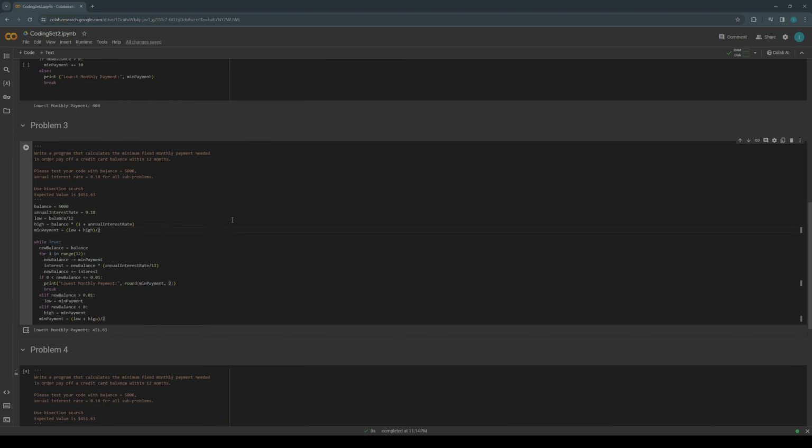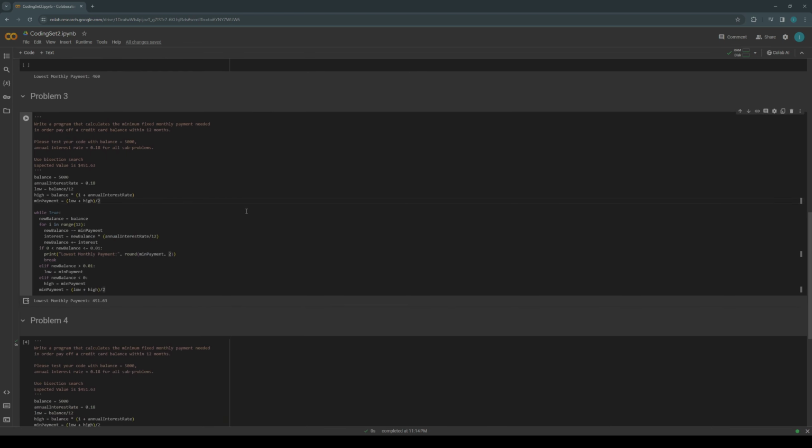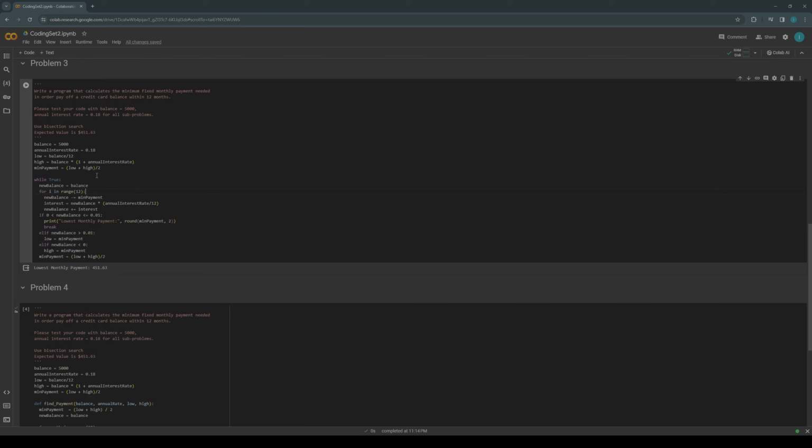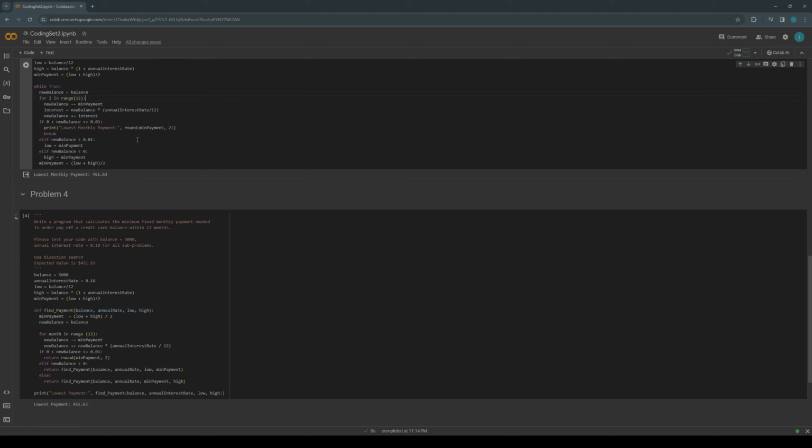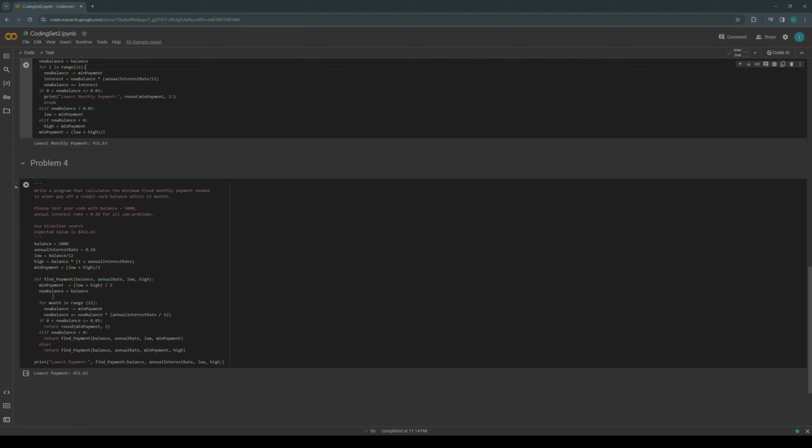So imagine if I had to look at problem 3 and just copy and paste this 11 times. I have 11 while statements in my code. There's no reason to do that. Instead of having to do that, I can just use the one function that is defined.